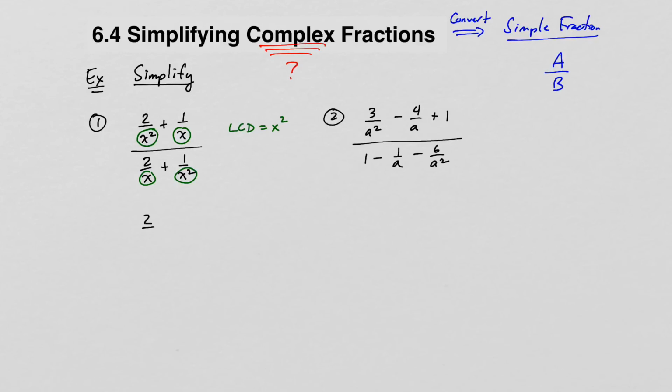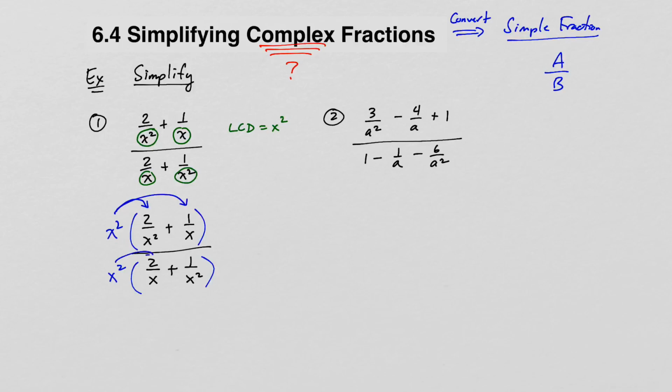Then what we're going to do is just take that complex fraction and we're going to multiply the numerator and the denominator by that least common denominator. So I'm multiplying by x squared to the large numerator and the large denominator. And then what we do is we distribute that x squared to each of these terms. And so when you do that, you get this.